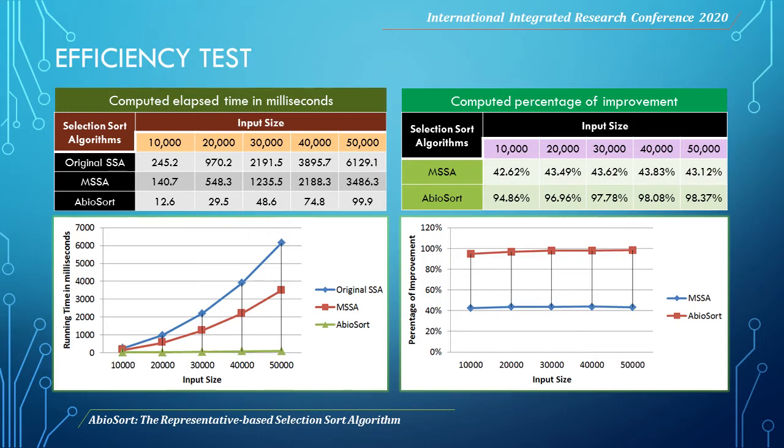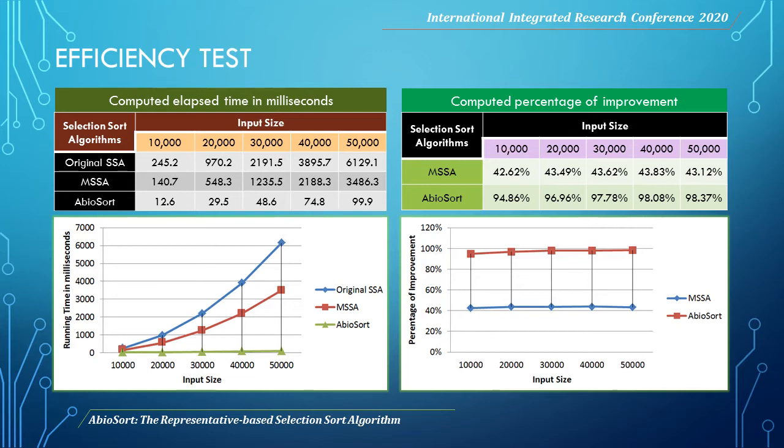To see the performance of the proposed algorithm, it was implemented and tested with the original selection sort and with its modified version MSSA of Nishant et al., 2018. The three algorithms were written in C++ and used the built-in function clock to measure their elapsed time on the same computer, sorting random numbers in arrays with sizes 10, 20, 30, 40, and 50,000.